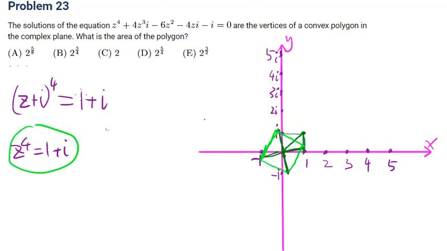Now, if you want the roots to this, we just move everything down. The four roots to this will be, this is just a demonstration. We don't really need to do that.